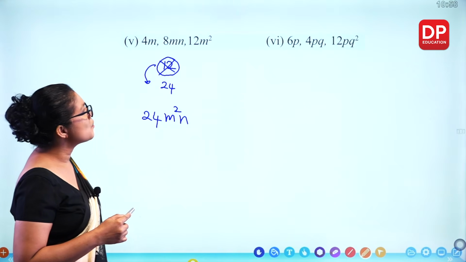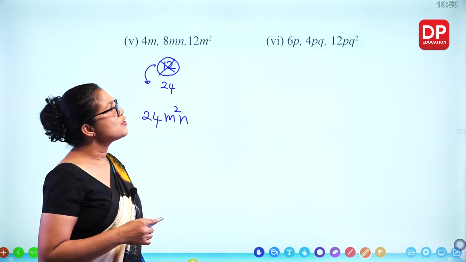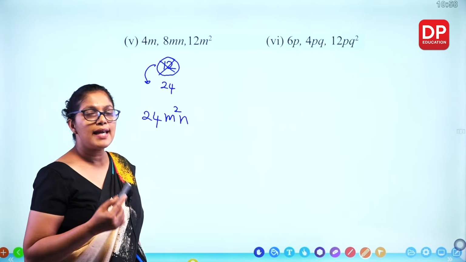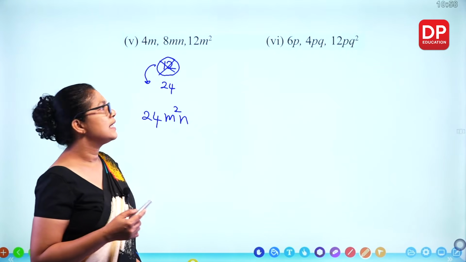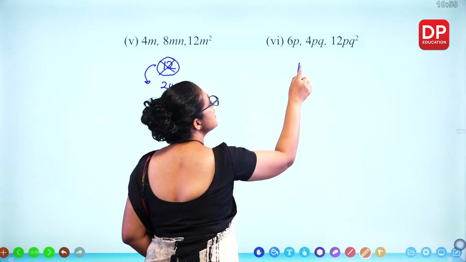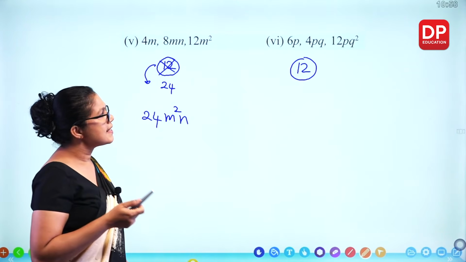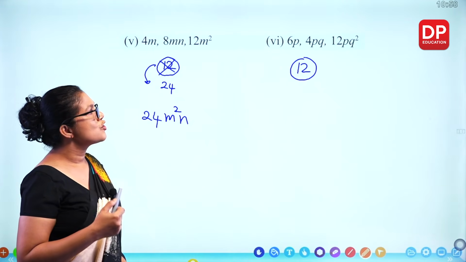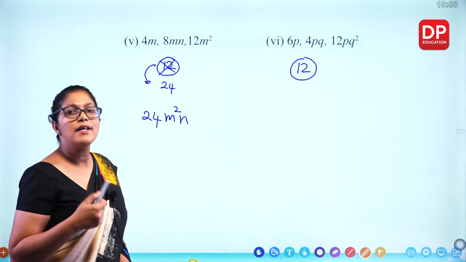Now we'll look at this one. So 6p, 4pq and 12pq squared. Again 6, 4, 12. What's the least common multiple? We'll take 12 as the multiple and see whether it's divisible. 12 divided by 6, you get 2. 12 divided by 4, you get 3. 12 divided by 12, you get 1.